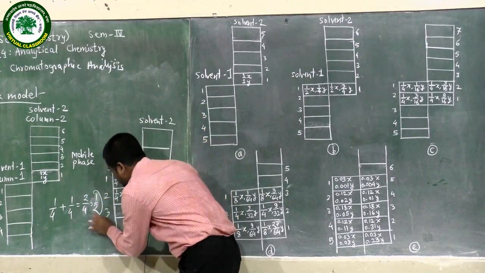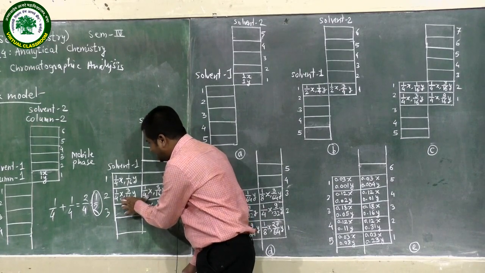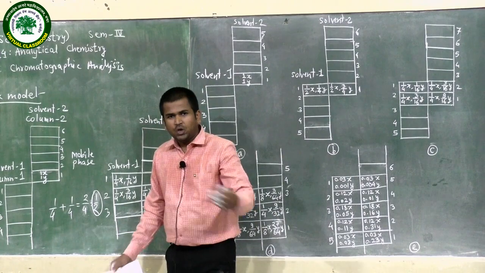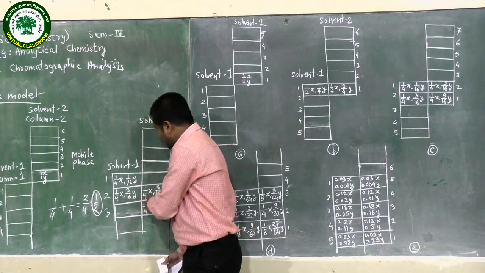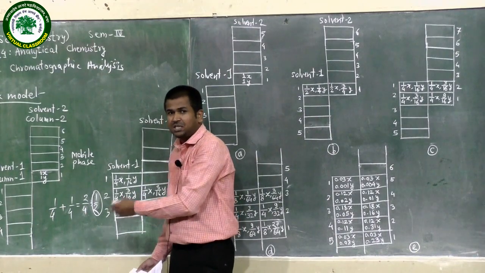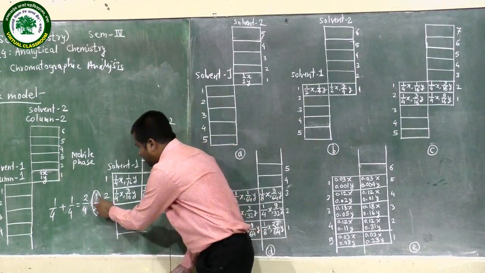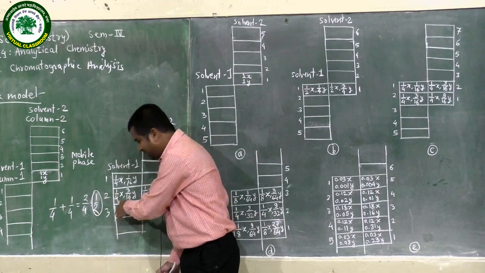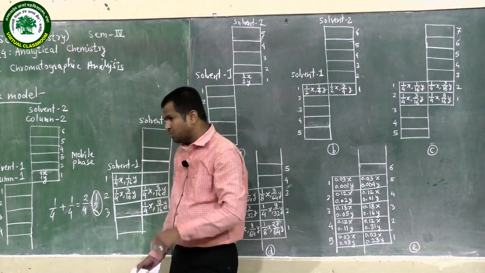So the total concentration of x here is 1 by 2x. So 1 by 2x gets distributed between solvent 1 and solvent 2, in stationary phase and mobile phase equally, that is 50-50%. So among these, 1 by 4 of x goes into solvent 1 and 1 by 4x goes into solvent 2.